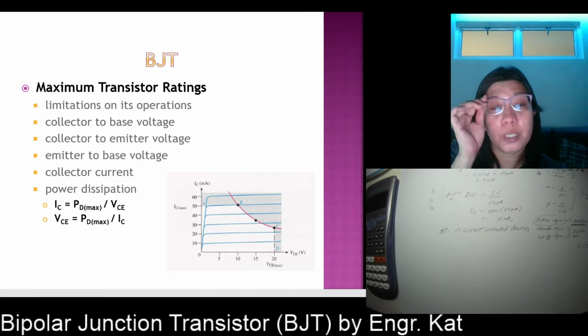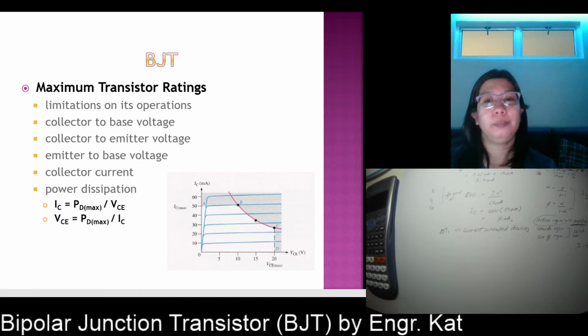So maximum transistor ratings. This shows we have different Q points. When your quiescent point lies between the saturation and the cutoff region, for example at point B or point C, that means it is in the active region.